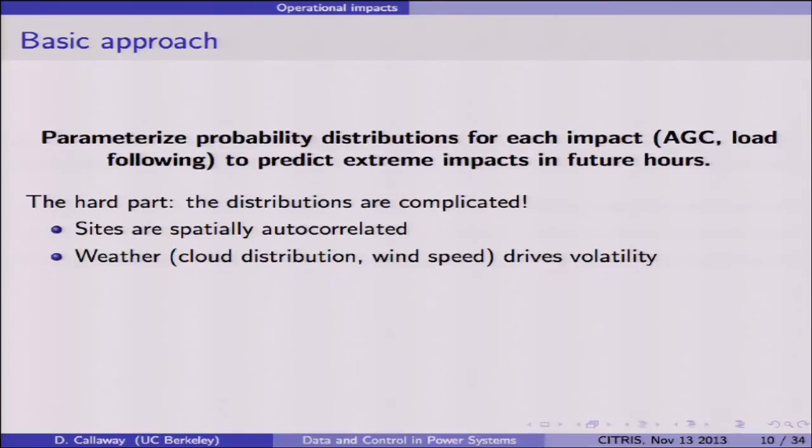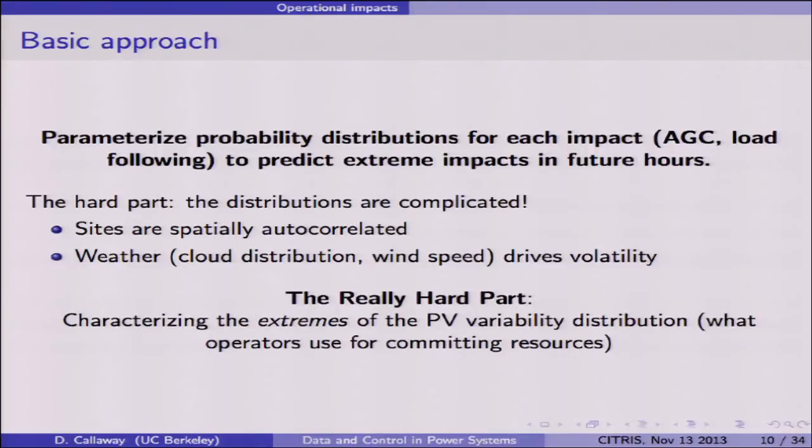And we wanted to be able to capture that spatial autocorrelation in the data. So the really hard part is that we want to characterize the extremes of the distribution. It would be one thing if we were happy to get the average and the standard deviation, but we're talking about going way, way out into very low probability events.